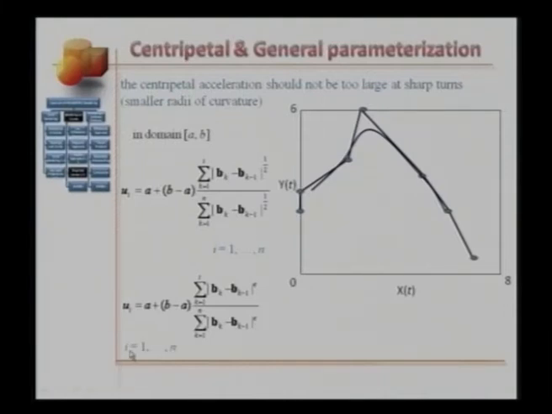The index i, as usual, will go from 1 to n. Now for the exponent e equals 0, we get uniformly spaced parameters. For e equals 1, we achieve the chord length parameterization, and for e equals half, we get centripetal parameterization.